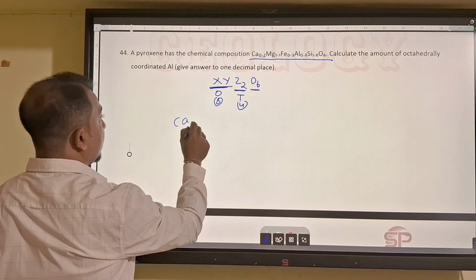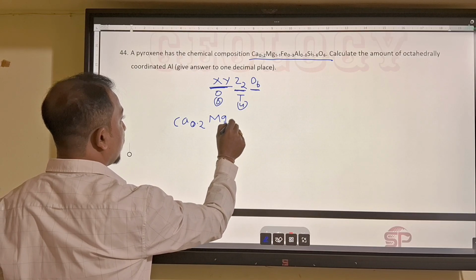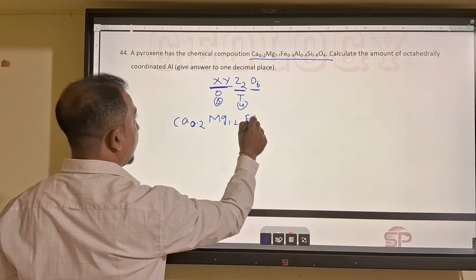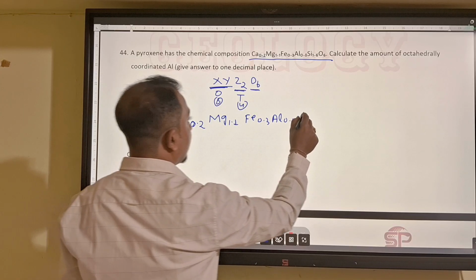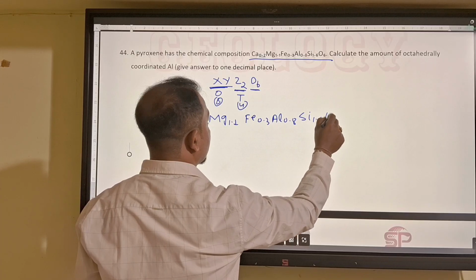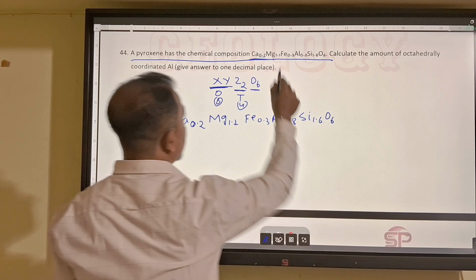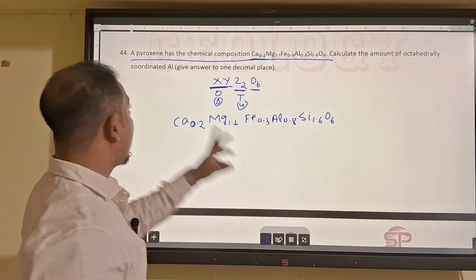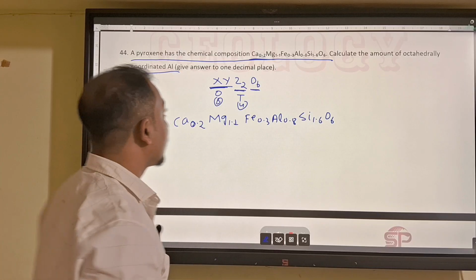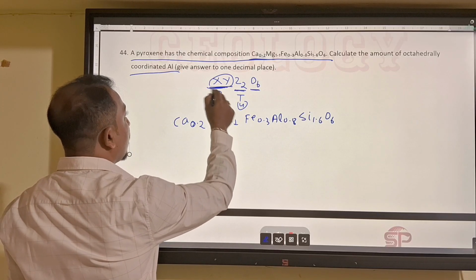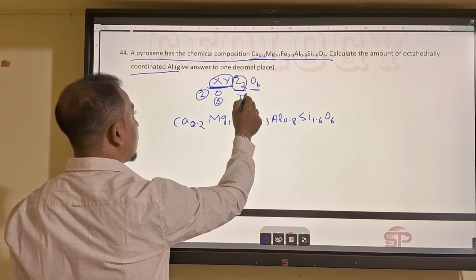In this question, the formula is given as Mg 1.1, Fe 0.3, Al 0.8, Si 1.6, O6. A pyroxene has this chemical composition, and you have to calculate the octahedrally coordinated aluminum. The octahedral positions add up to 2, and the tetrahedral positions also add up to 2.